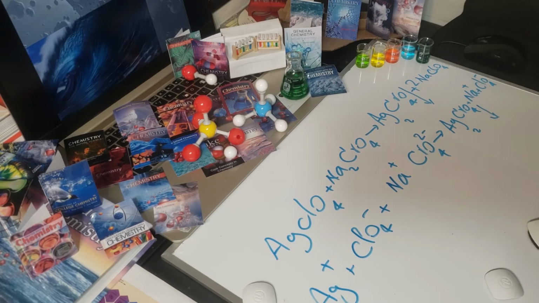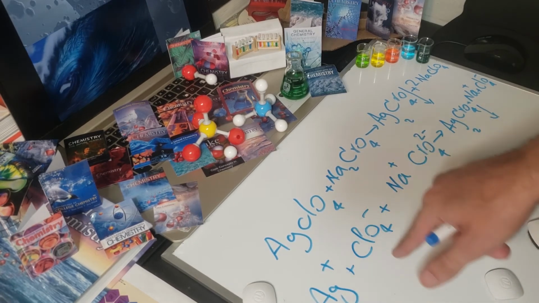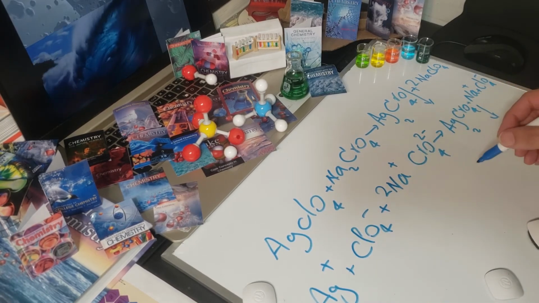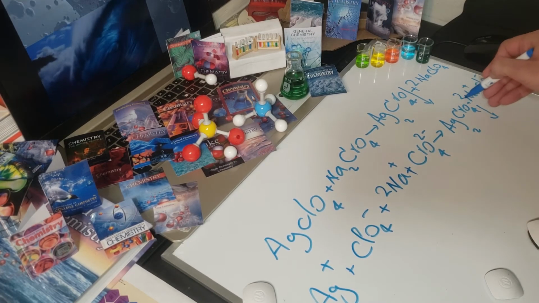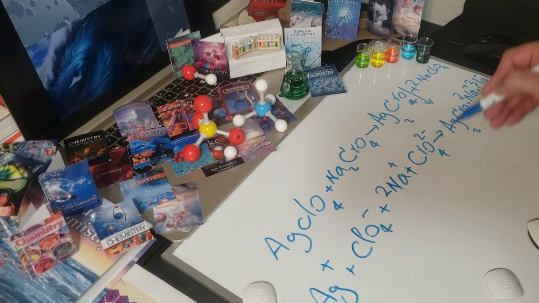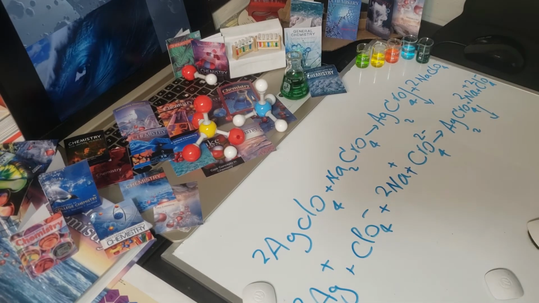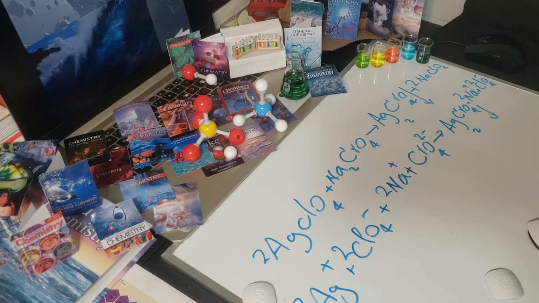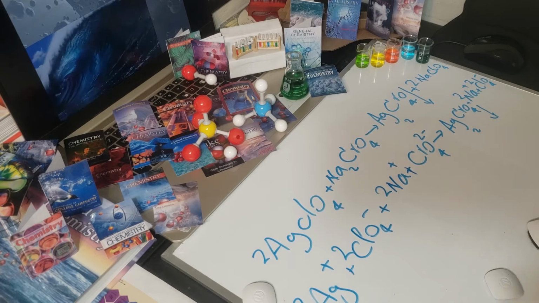Okay, now let's look at the numbers. There's just one of these 2 sodiums and one of that. Also here 2 sodiums and 2 ClO4s. I believe my Ag should have been 2, so you're gonna have 2 of this and 2 of this as well. My bad, I apologize again for the first coefficient that I missed.